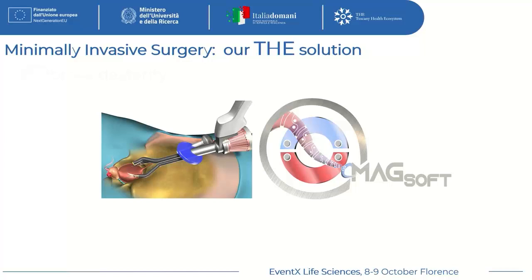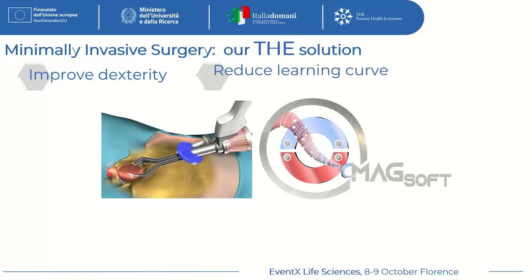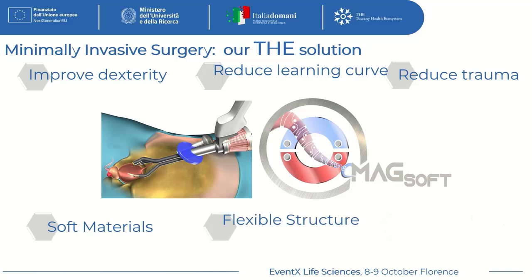So, which is the idea? The idea is, again, improve dexterity, reduce the learning curve, reduce trauma. So, the same objective as all the systems for robot-based minimally invasive surgery, but with different technologies. So we try to use soft materials, flexible structures, and magnetic coupling.